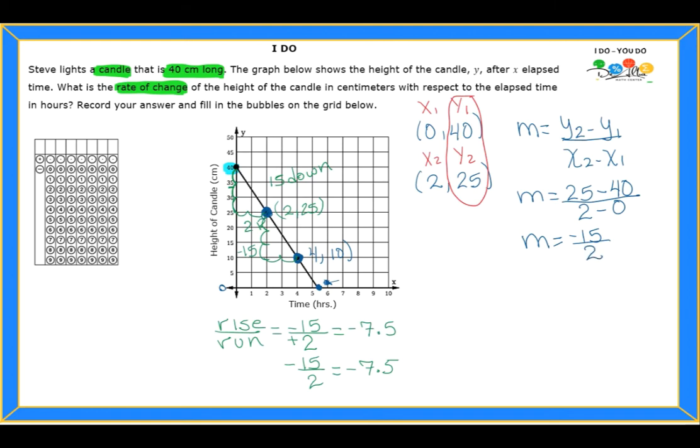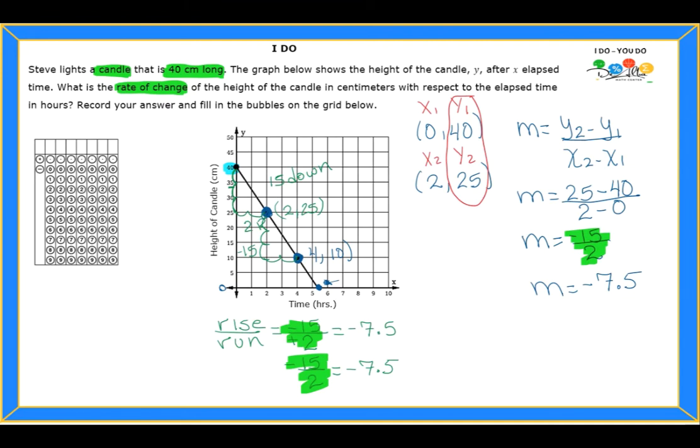I want you to look at that number here that we got, and I want you to look at what we got earlier here. What do you notice? They are exactly the same. Very good. We should get the same since we agree that slope and rate of change represent the same thing. And negative 15 divided by 2 will be negative 7.5. Are we good on that?